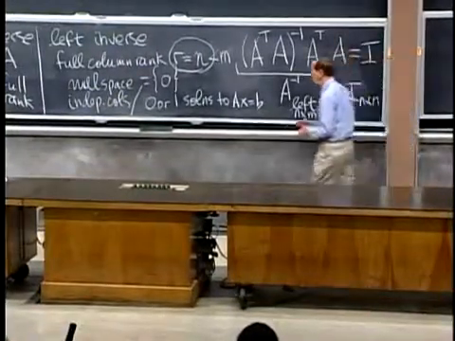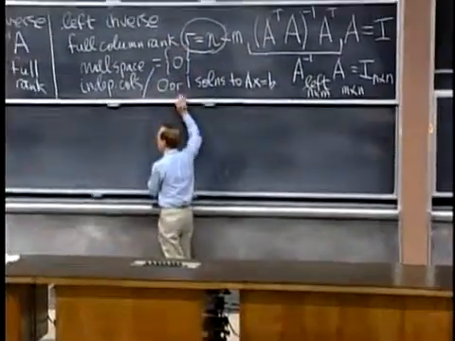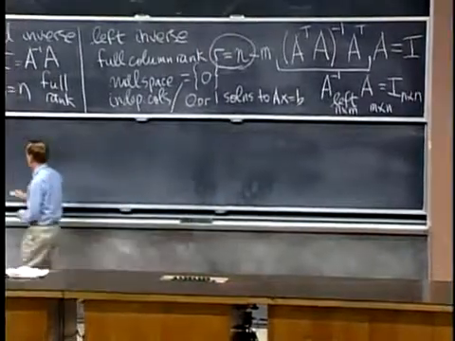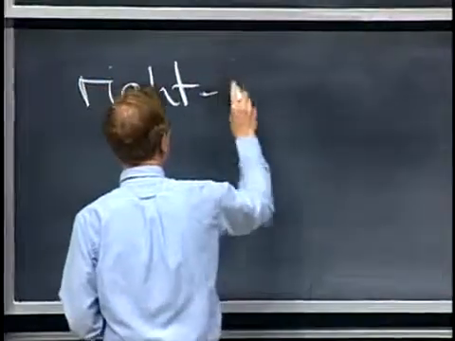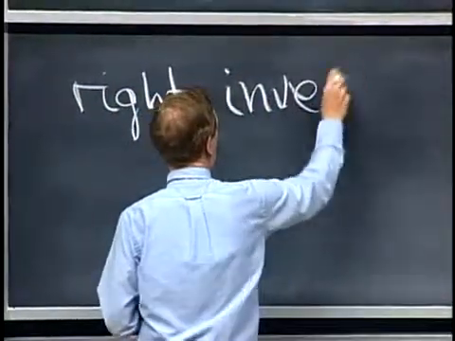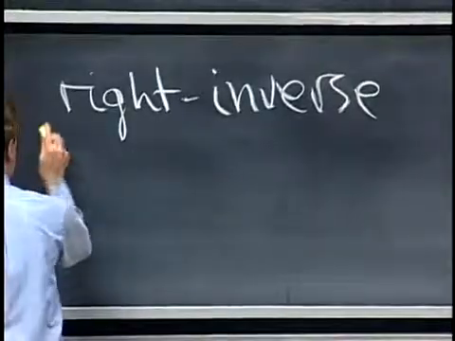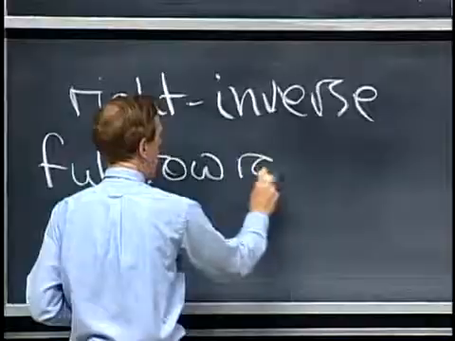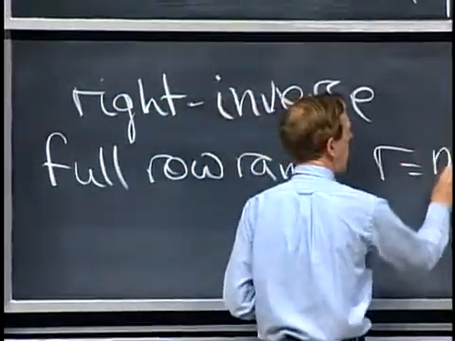Okay, tell me the corresponding picture for the opposite case. So now I'm going to ask you about right inverses. A right inverse. And you can fill this all out. This is going to be the case of full row rank. And then r is equal to m now.